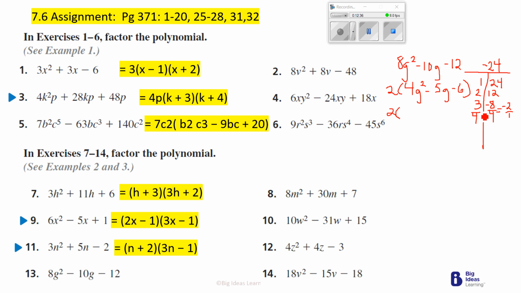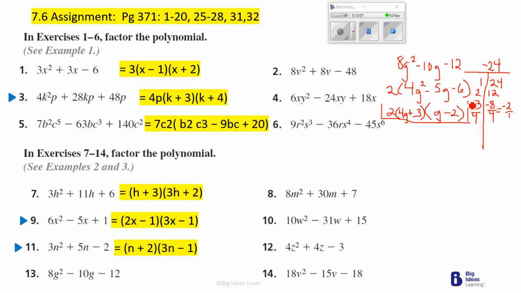Then in the first one, my constant is 3, that'll be a positive 3. The 4 will be my coefficient, 4g. Then in the next one, my constant is negative 2, and 1 is going to be my coefficient, so that's just g. So I should have 2 times 4g plus 3 and g minus 2.